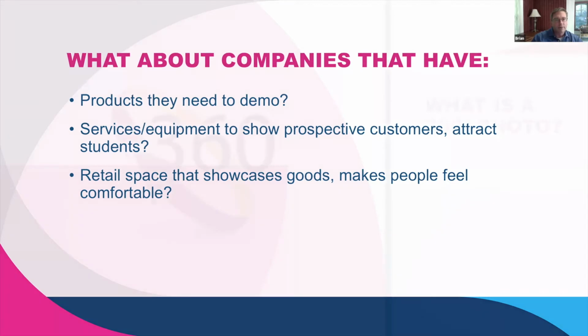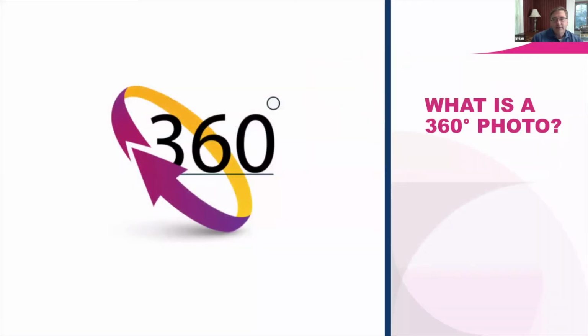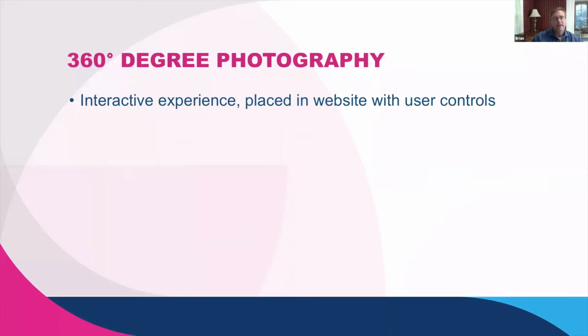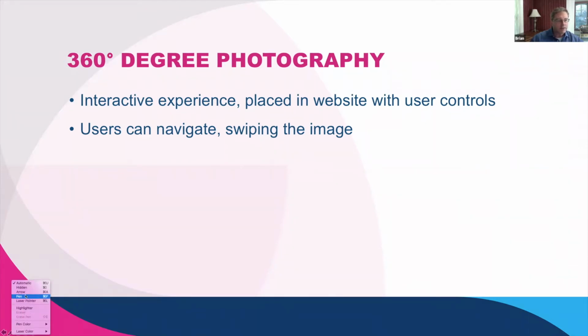to your website. The first example we have is, we'll talk a little bit about 360-degree photos. And what is that? It is an interactive experience. It can be placed in a website, has user controls. Users can navigate, swiping the image.